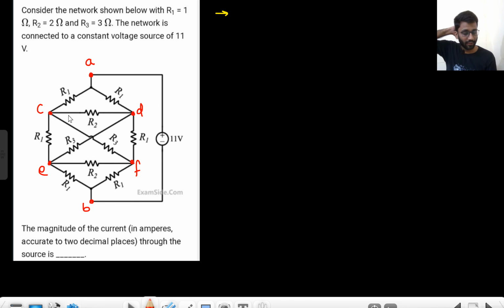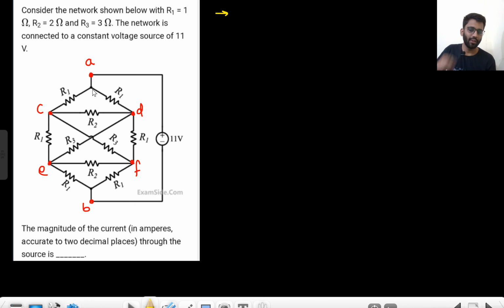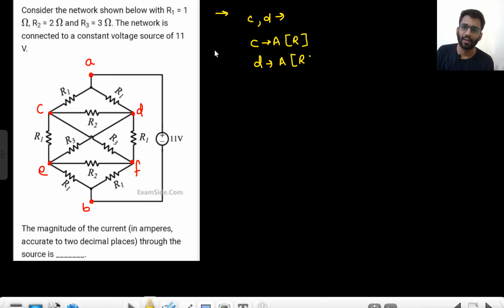So now tell me if C and D are equipotential or not. From C to A, you will go and find R resistance. From D to A, you will find R1.